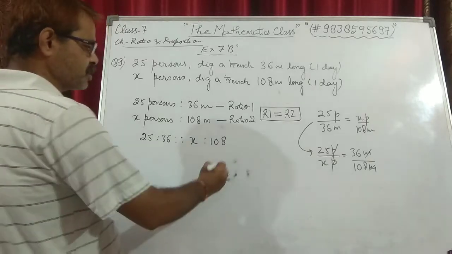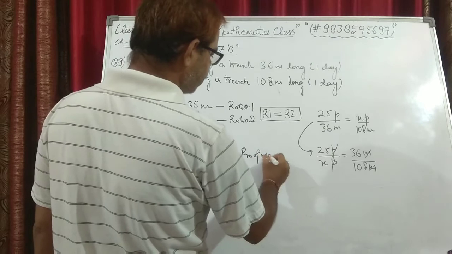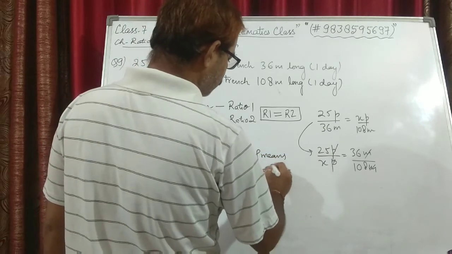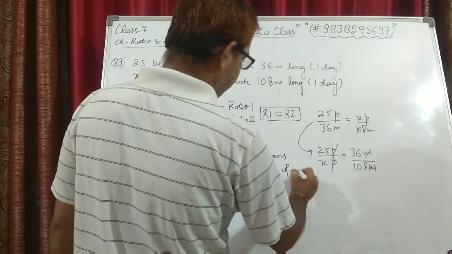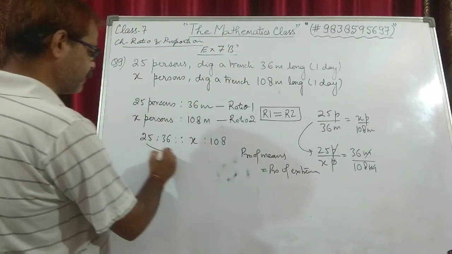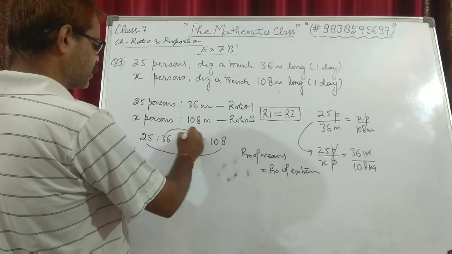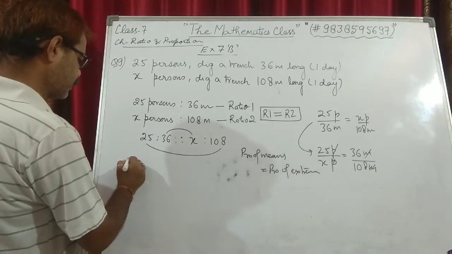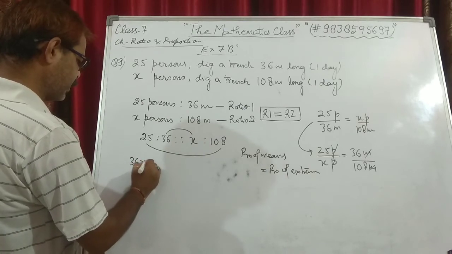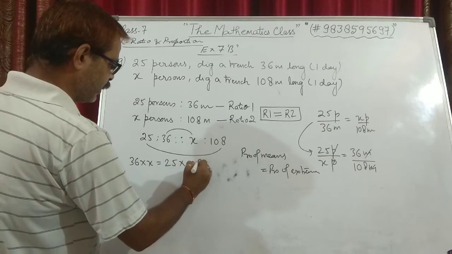Now here also we'll use the same formula. Product of means is equal to product of extremes. Now when we solve, 25 and 108 will multiply and will be equated to 36 into x. So I am writing 36 into x is equal to 25 into 108.